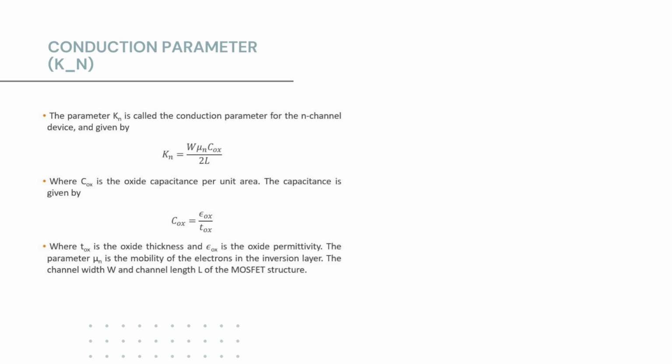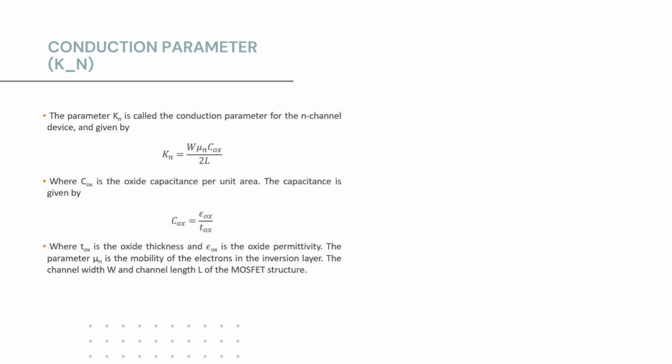So width, length, mobility and the oxide capacitance are all material and geometry dependent parameters. They will vary with the variation in the material. If I change the material from silicon to germanium, the capacitance value and the mobility will vary.